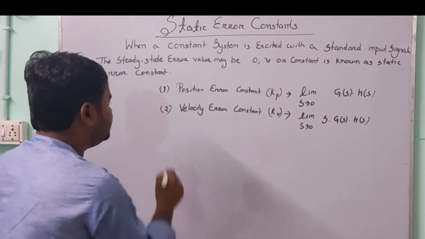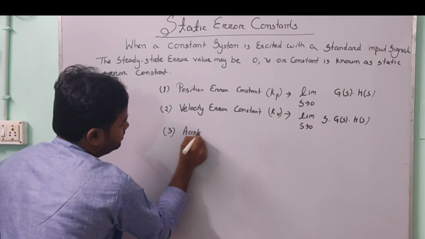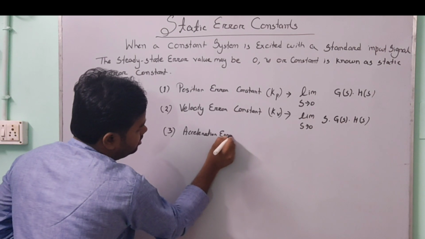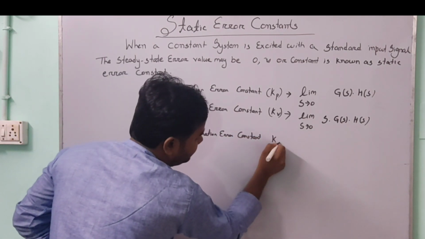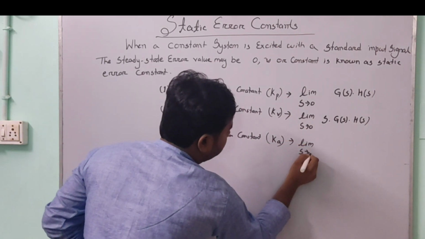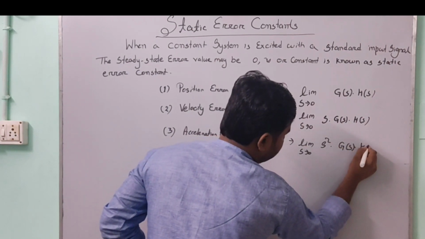Similarly, the third one is acceleration error constant, and it is denoted by Ka, and its formula is limit s tends to 0 s square into g of s into h of s.